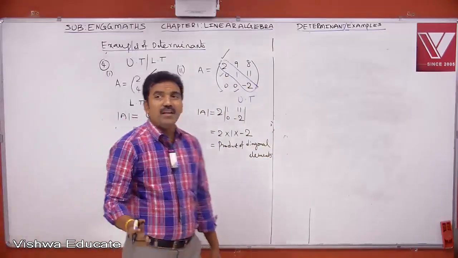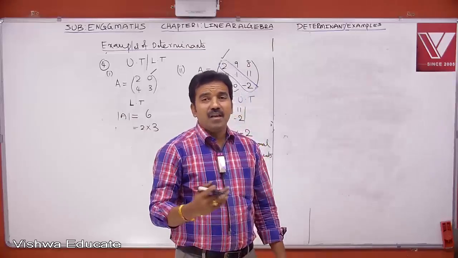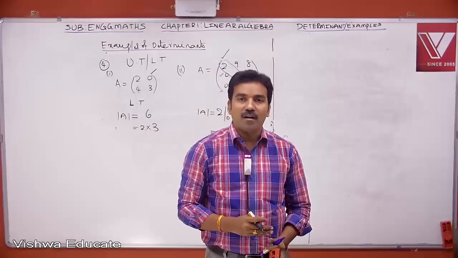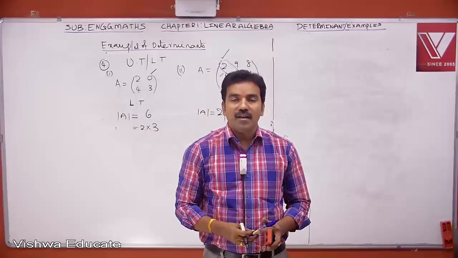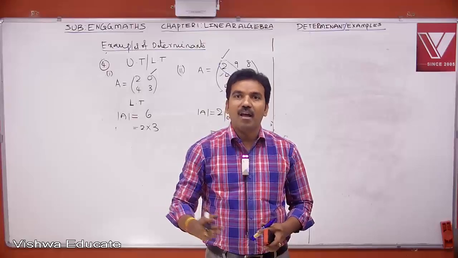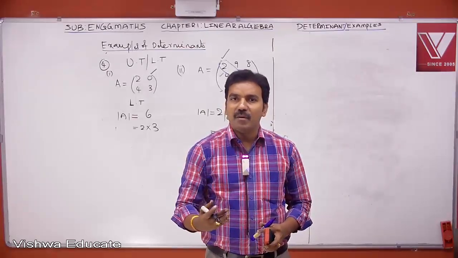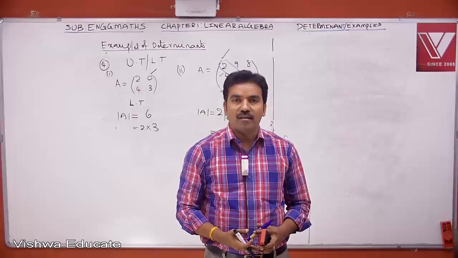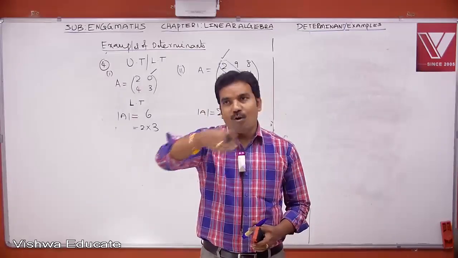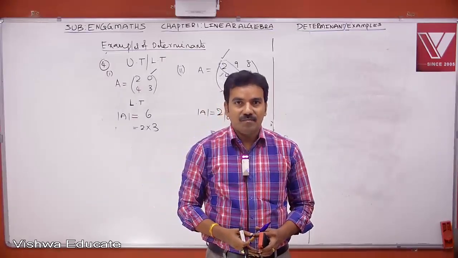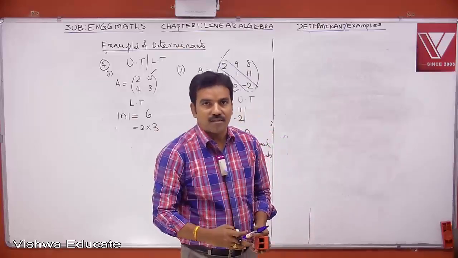Therefore, irrespective of the size of a matrix, if something is either an upper triangular matrix or a lower triangular matrix, its determinant is the product of diagonal elements. Irrespective of size. If I have a 50 by 50 matrix which is upper triangular, its determinant is the product of all 50 diagonal elements. Write this example.